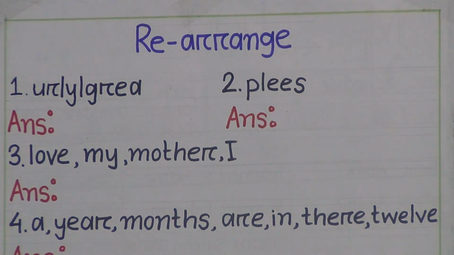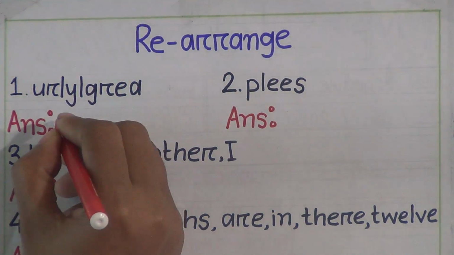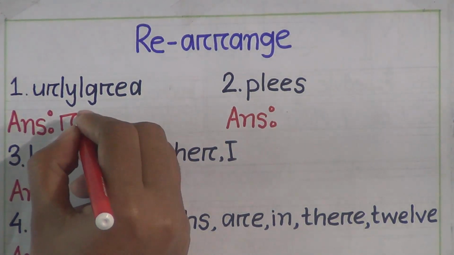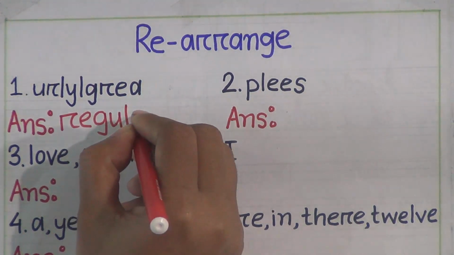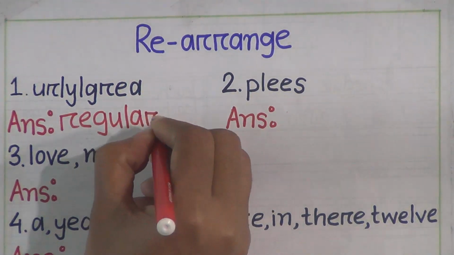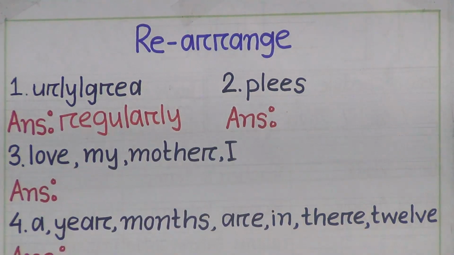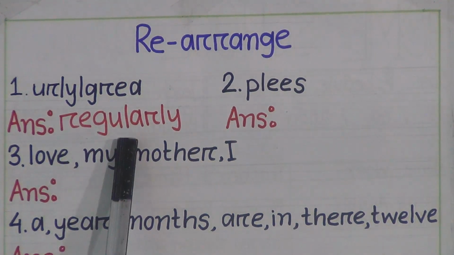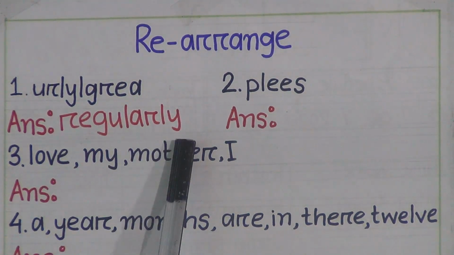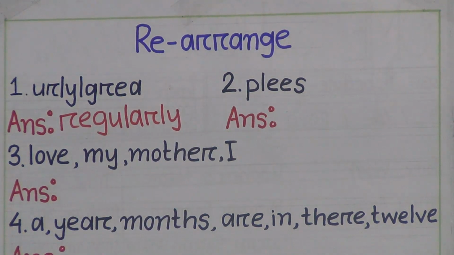If we arrange the letters, we'll find the word regularly. The spelling is R E G U L A R L Y. So the word is regularly.